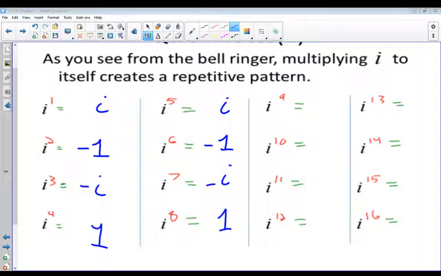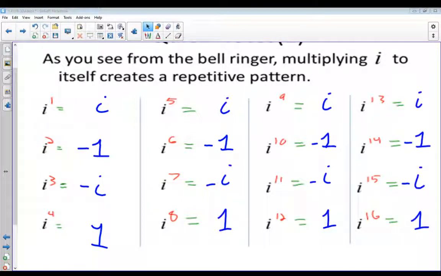Same thing for the next 4, and the next 4. So just remembering that pattern, "i won" with the negatives in the middle, will take care of any power you're thinking of.